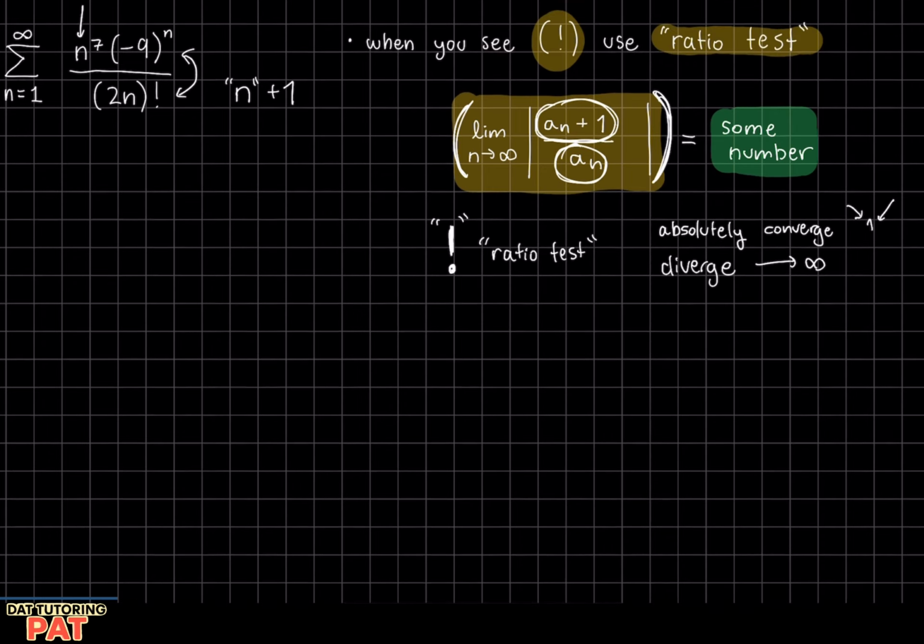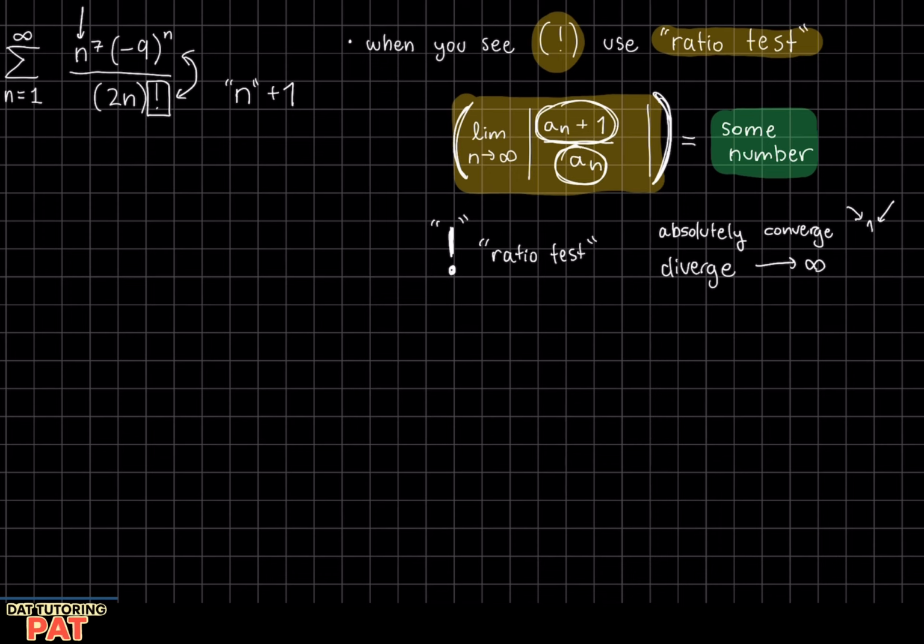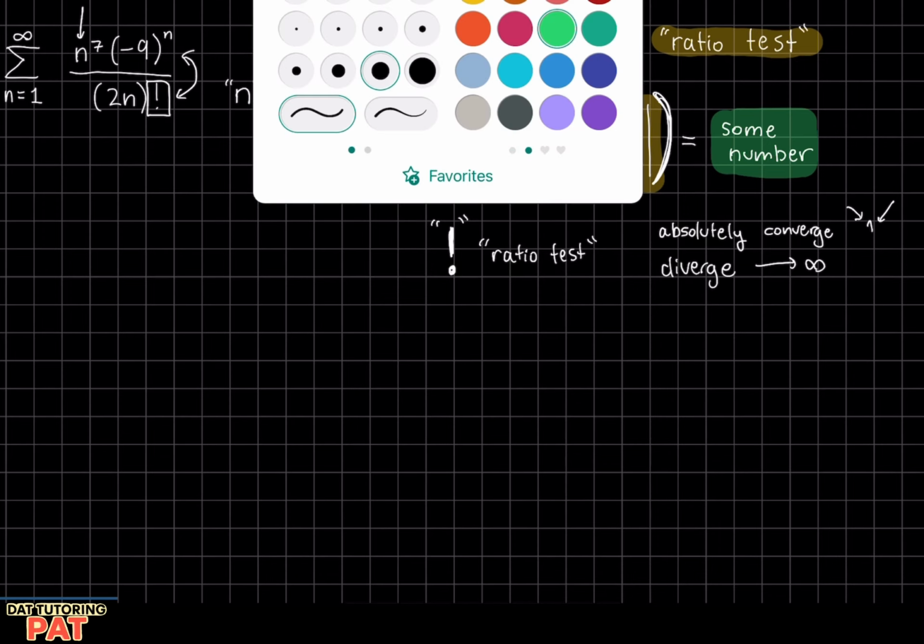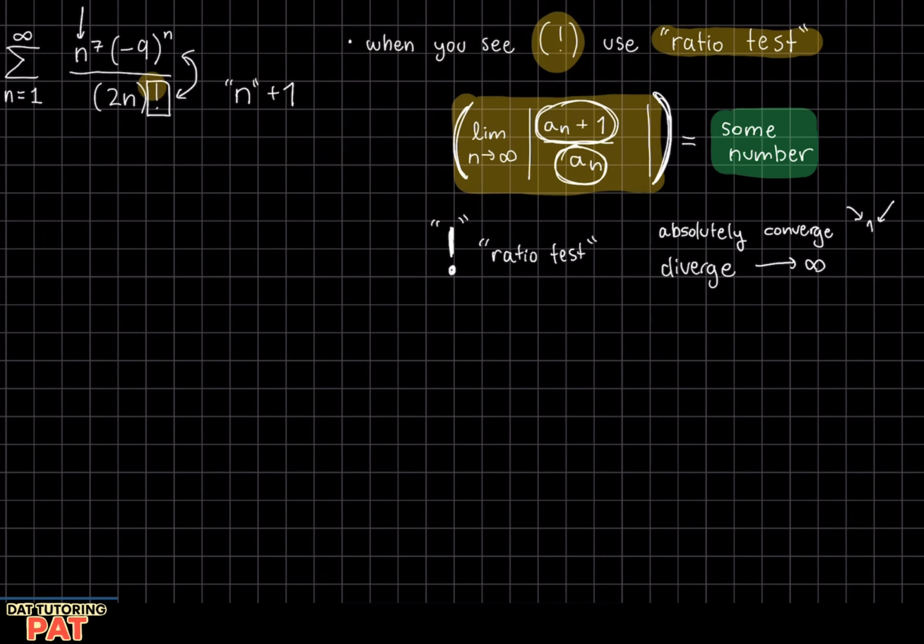So we know we're doing the ratio test because we see this little fun guy right here. It's a factorial. So immediately just write this out. The limit as n goes to infinity. First thing you write. And then just throw an absolute value sign right there. And we'll add the other one once we're done writing out the expression.